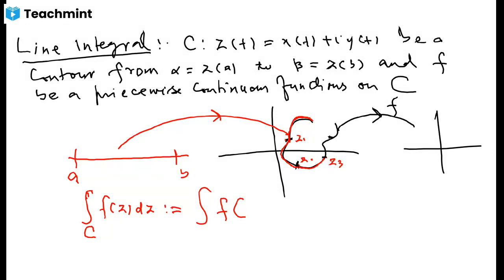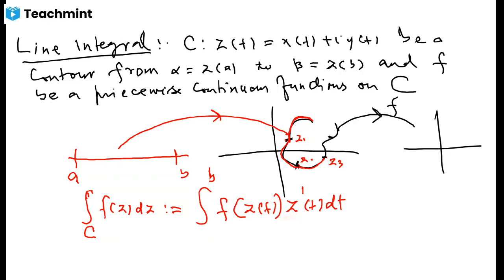You can write it as z of t. So f of z of t becomes a function of the real variable t, and dz of t you can write as the derivative of z at t times dt. Now you are integrating the whole function with respect to a real variable t, varying from a to b.